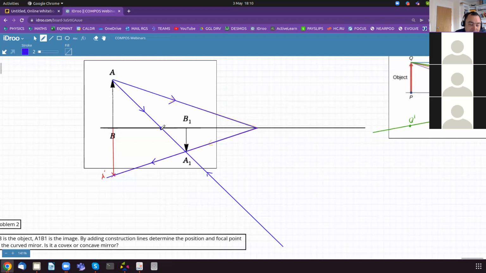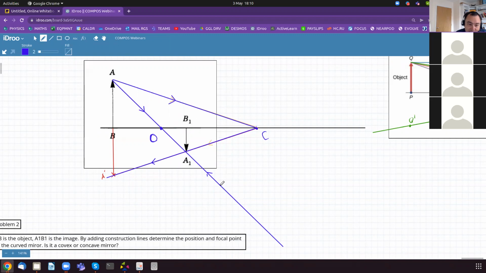So this is the center of the curvature of the mirror, C. So this is the center of the sphere. And now all we need to do is draw a circle from here. And this is a point on the mirror. Let's call this O. And this is C. And all we need to do now, because this is the center of curvature, because we know that this line is perpendicular.